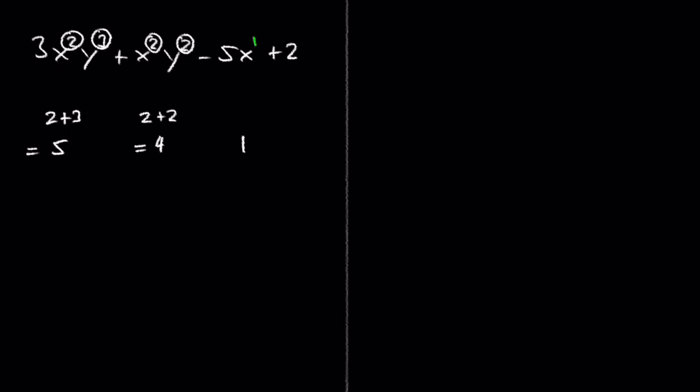And the exponent of the fourth term is 0. So the sum of the exponents in the first term, which is 5, tells us that the first term is the leading term. In other words, the degree of the entire polynomial is then 5.